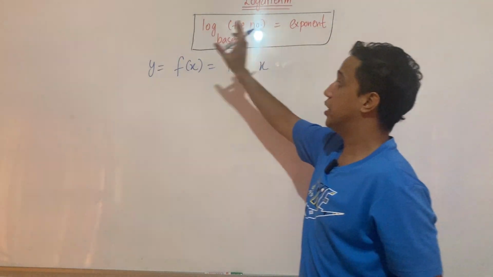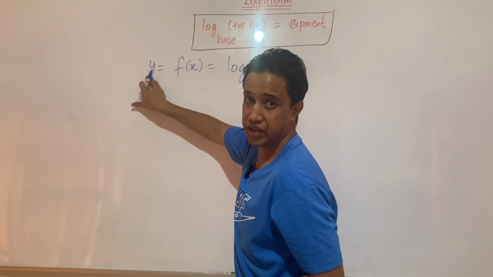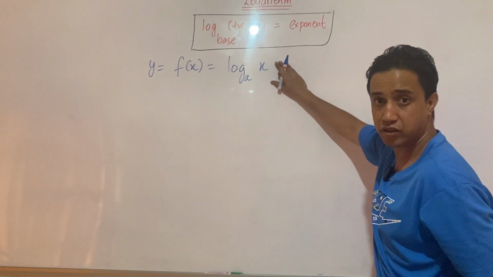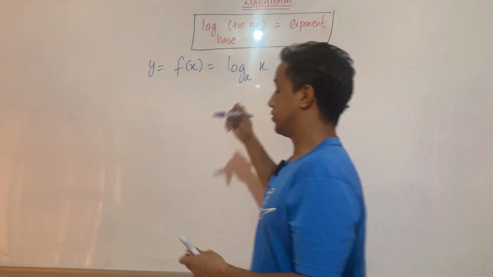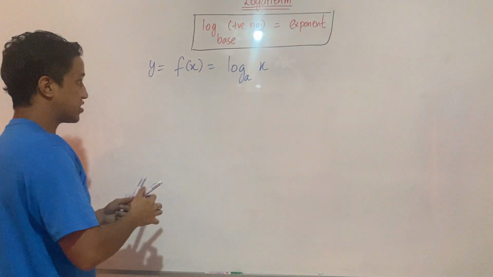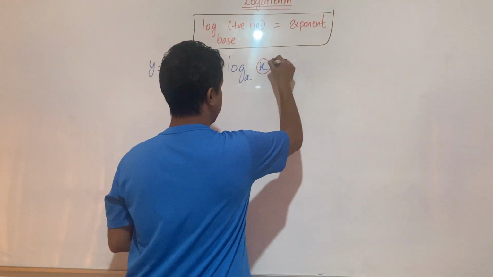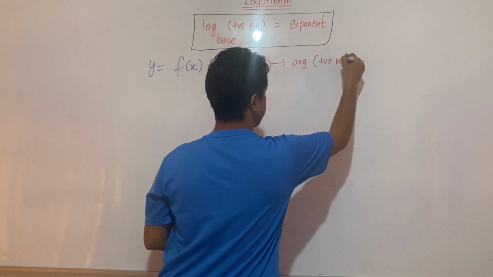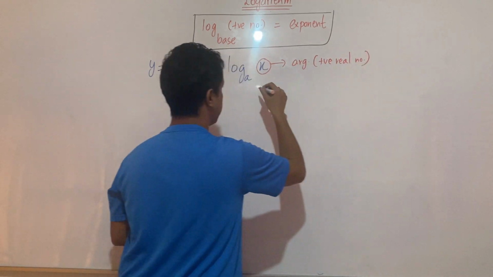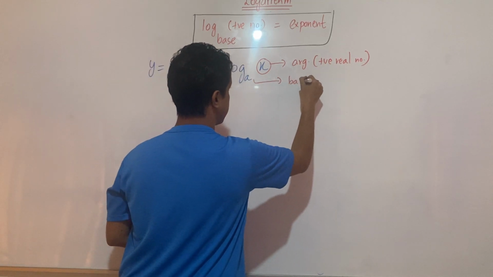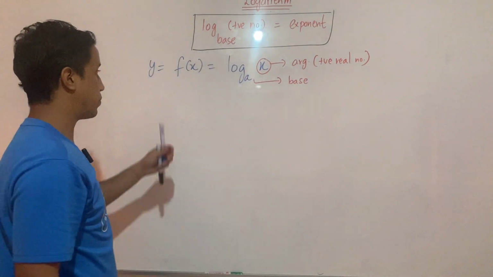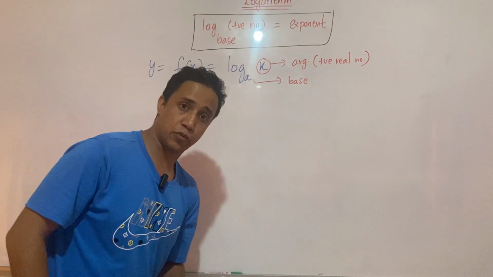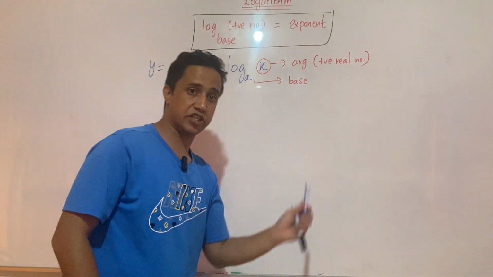So this is your exponent, and it is a function of your positive real number. Here x represents your argument or positive real number, and a is the base, and this y represents the logarithmic function. It represents the exponent, the power to which this base must be raised.